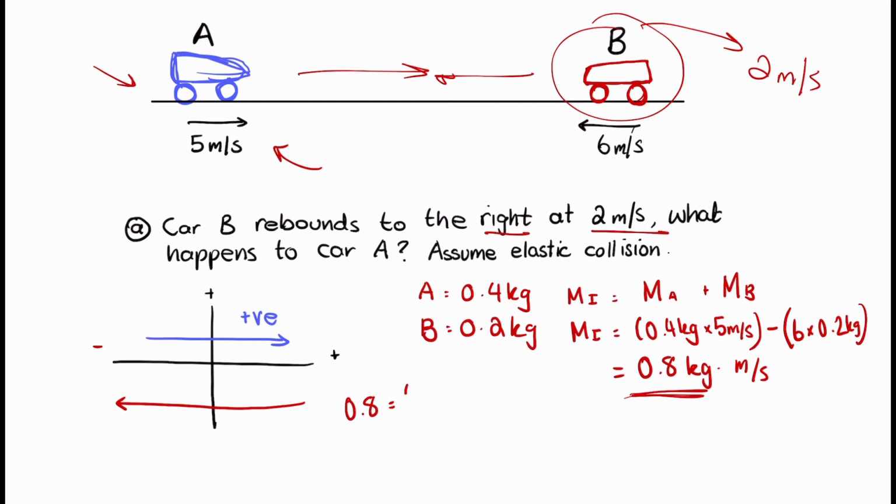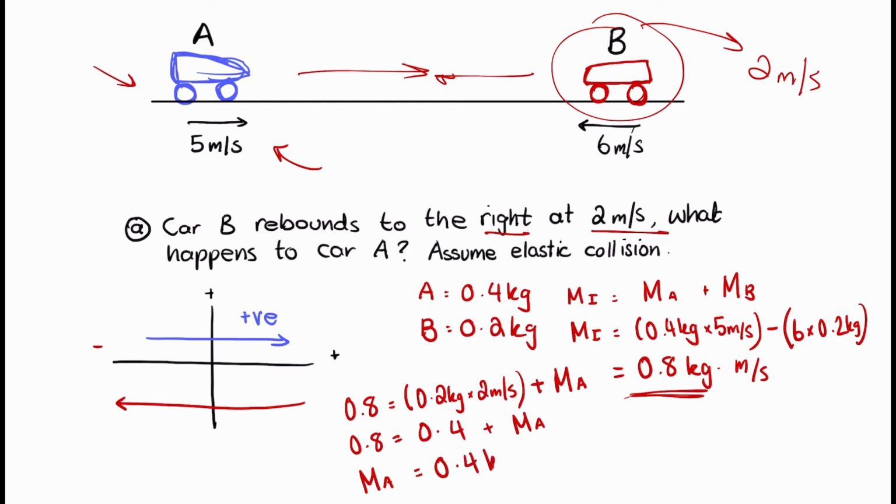So 0.8 will equal 0.2 kilograms times 2 meters per second, plus the momentum of car A. So if we just work this out, 0.8 will equal 0.4 plus the momentum of A. So just rearranging this, we find that the momentum of car A will equal 0.4 kilograms meters per second.